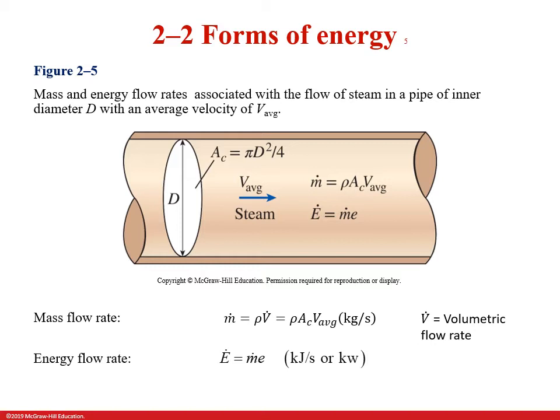These are all going to get lumped into E. And this small e, remember, is energy per unit mass, something like kilojoules per kilogram. And here you have mass flow rate, kilograms per second. Kilograms cancel, you get kilojoules per second. This is energy flow rate, kilowatts.